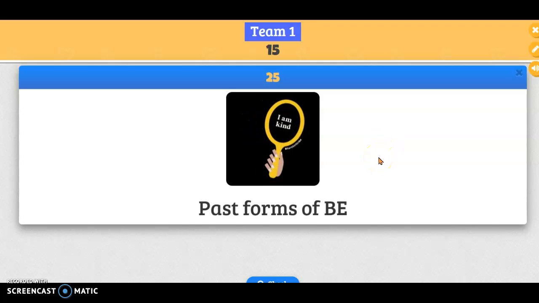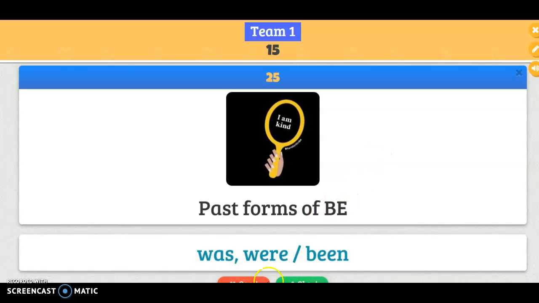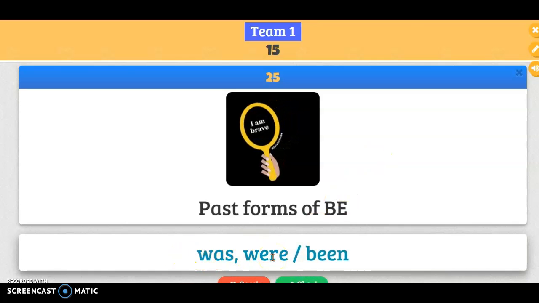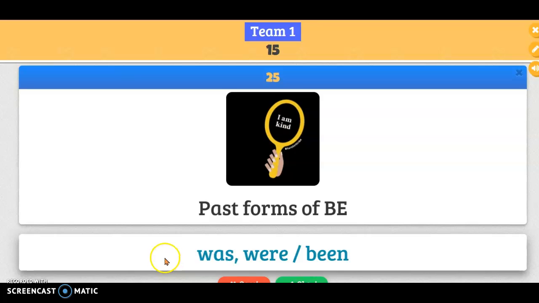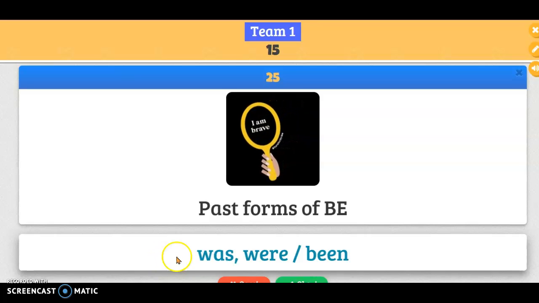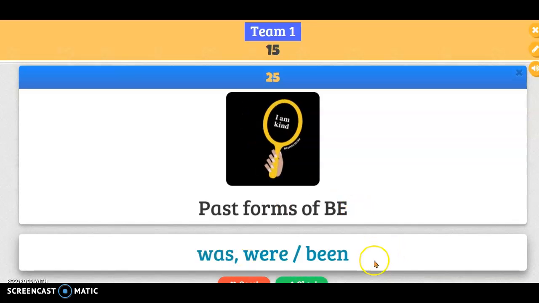So look for it in your book. It's was or were, the simple past, and the past participle, been. Okay? An example could be, I was sad last week. They were very busy. Okay, that's how we use the simple past. Copy past and past participle of be.